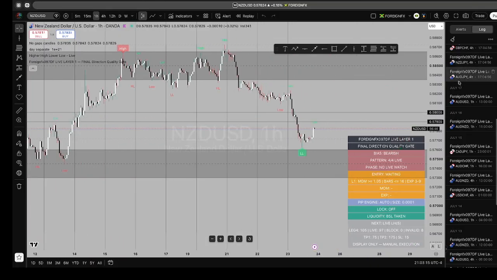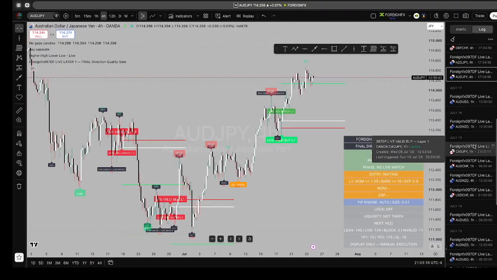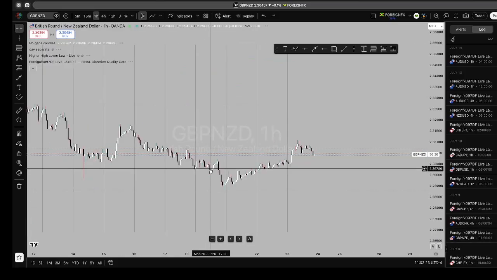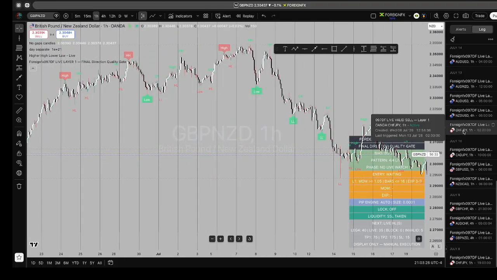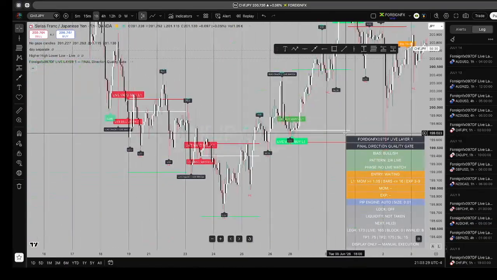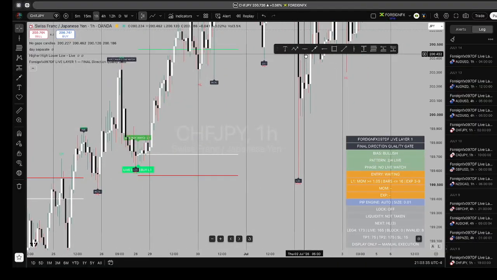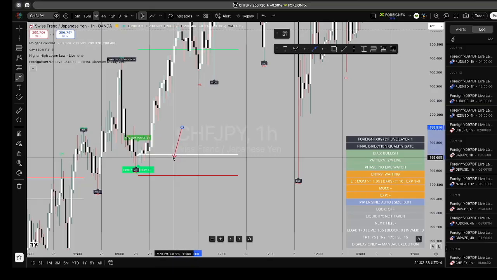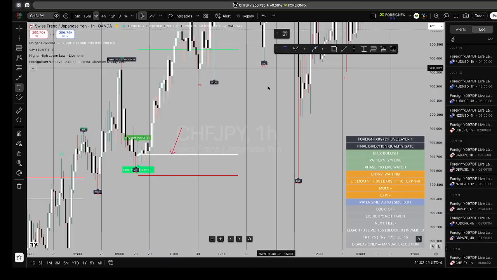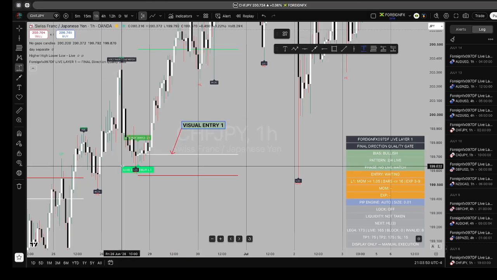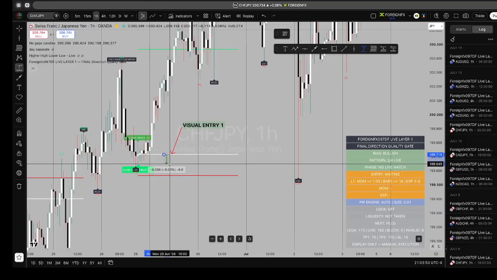So I'm going to a fresh chart where there isn't any marking. I'm looking for a perfect example. All right, so right here we have a perfect example. This is the visual entry that the algo prints, entry 1, and then we would measure an 8-pip buffer like this, 8.5.